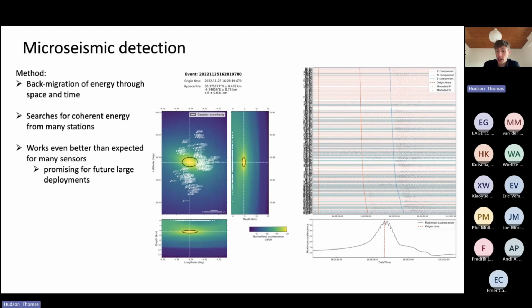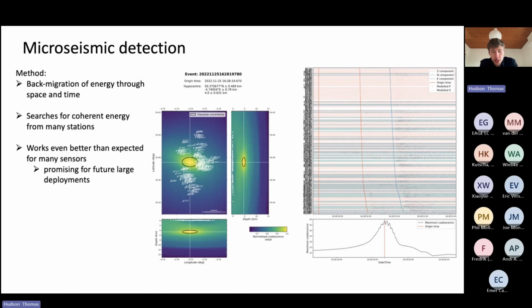Whereas incoherent noise sources or noise sources outside the 3D grid search area shouldn't form coherent peaks in this space, and so we should be able to discriminate between, say, anthropogenic noise sources and microseismicity.